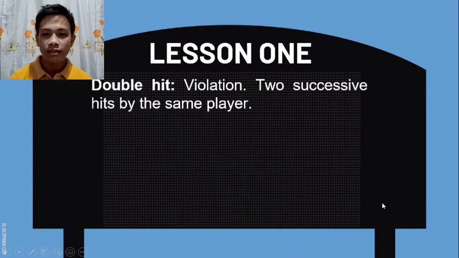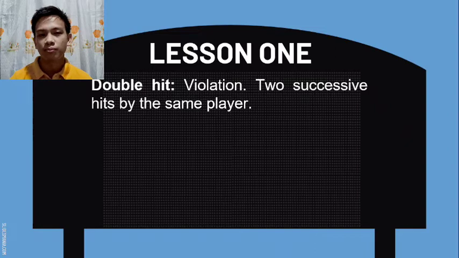Next, double hit, violation. So this is a violation. 2 successive hits by the same player. So hindi yun pwede. Dapat magkaiba ang touch, kunyari 1, 2, 3, di ba? We normally have 3 touches. So 1 and 2 hindi siya pwedeng same player.